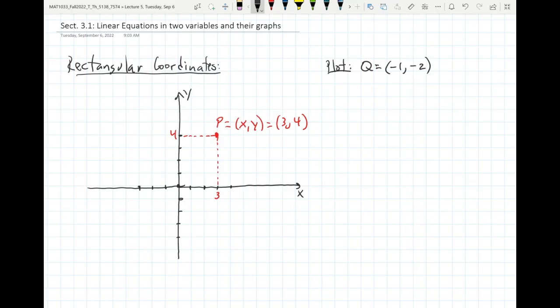And then this is telling me to go -1 on the x-axis, so 1 unit to the left, and then -2 on the y-axis, so that's 2 units down. So it is -1, it is -2, and this is where the point Q is. So that's the point (-1, -2).